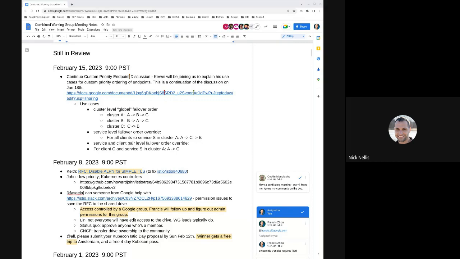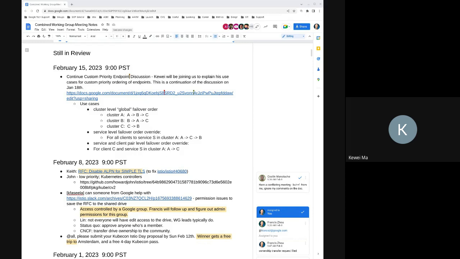So Quay, if you want to explain the cluster level failover priority, and then we can talk about some solutions in Istio. Sure. Hi, we're from Indeed, and our use case right now is that at the global level, we have a failover order for all applications by default.